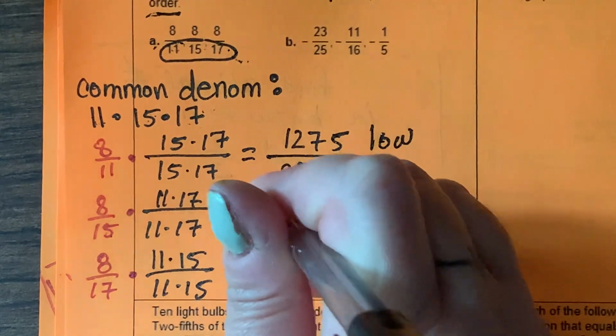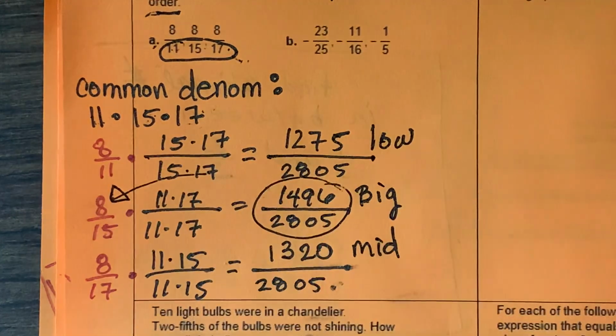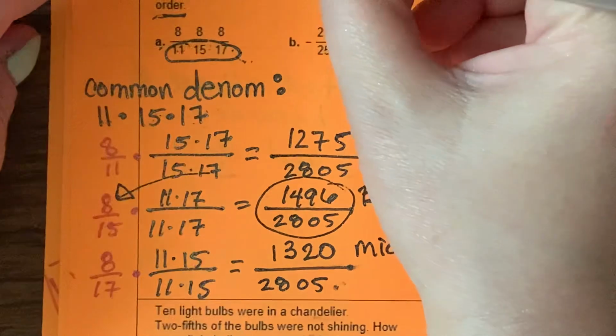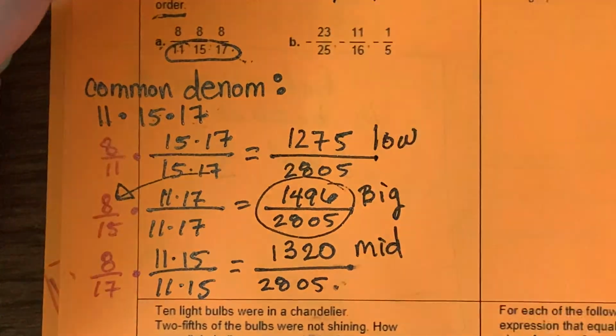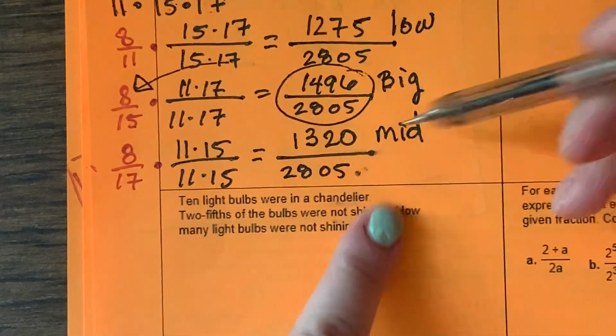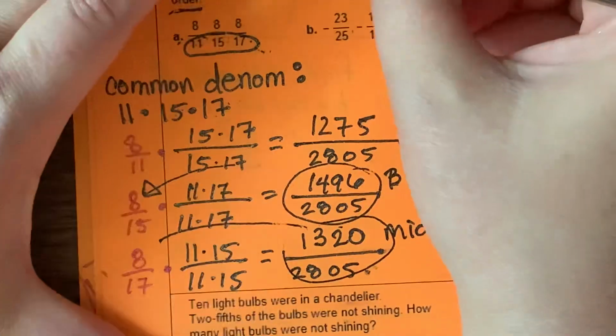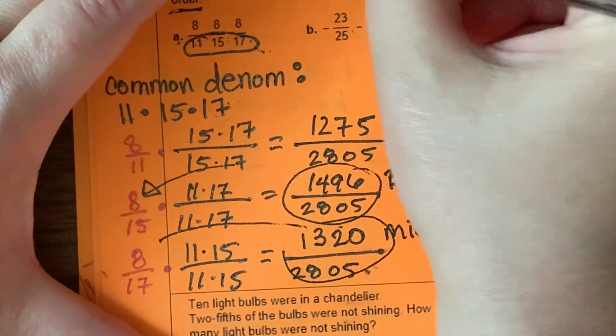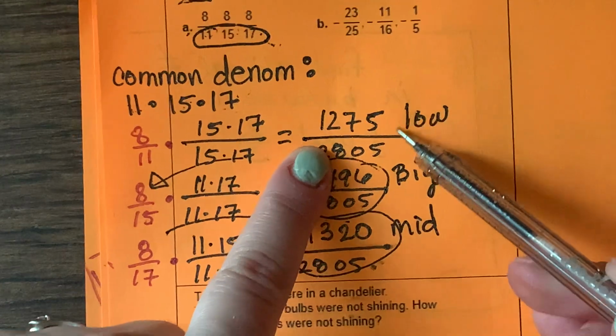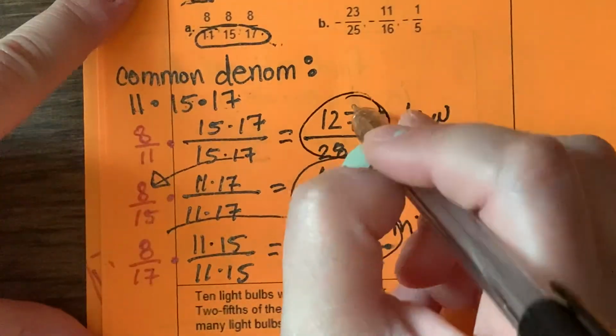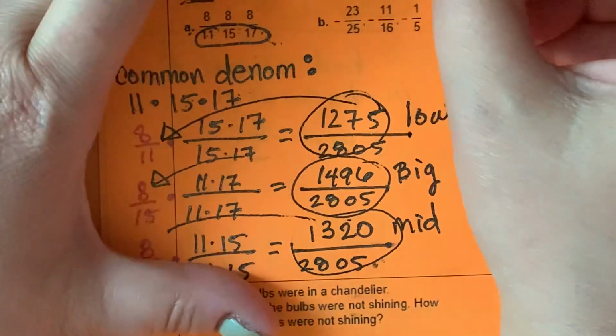He came from 8 over 15. So 8 over 15 goes first. It's the biggest. Then the middle one came from 8 over 17. And then the smallest is this 1275, and he came from 8 over 11.